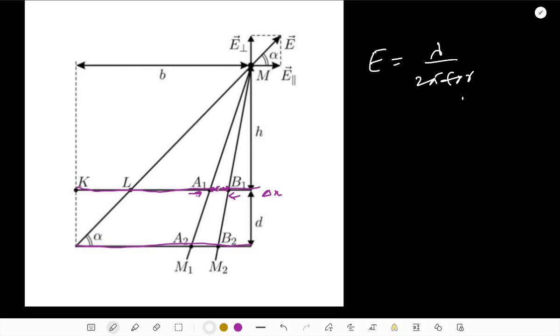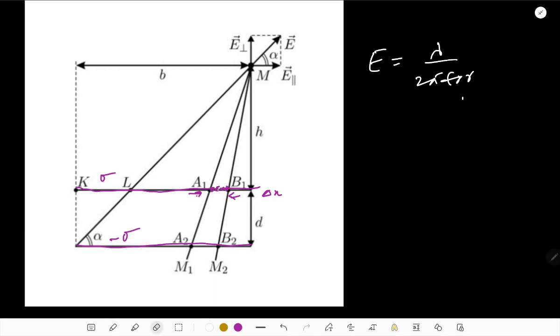Since charge densities are given, the charge density on this plate is sigma, and here it is minus sigma. So we need to solve the problem using lambda, but we have charge per unit area, and lambda is charge per unit length.